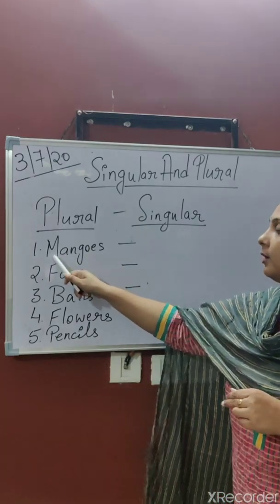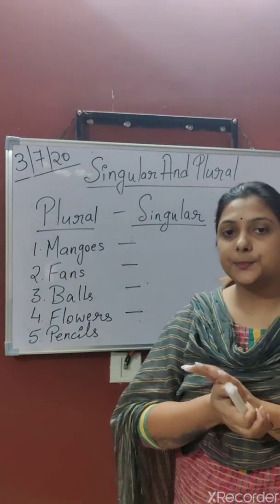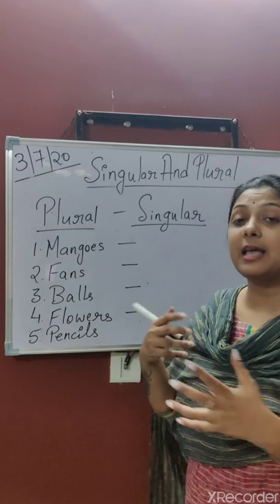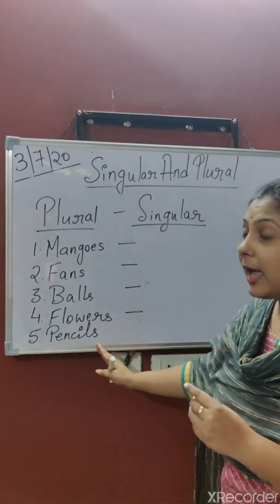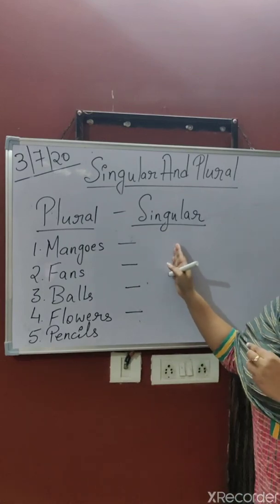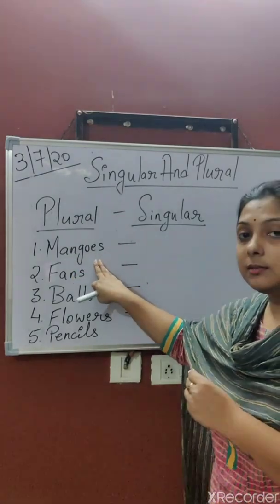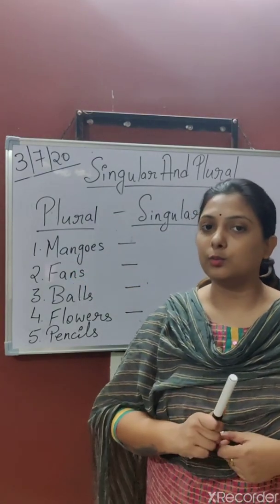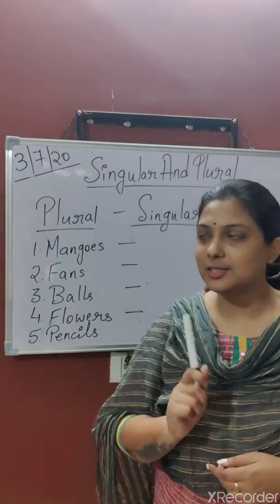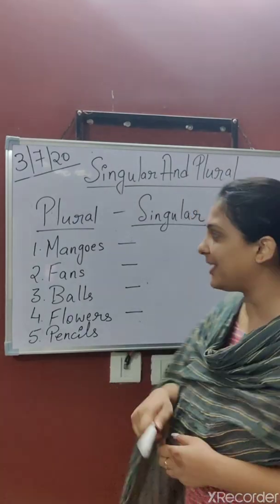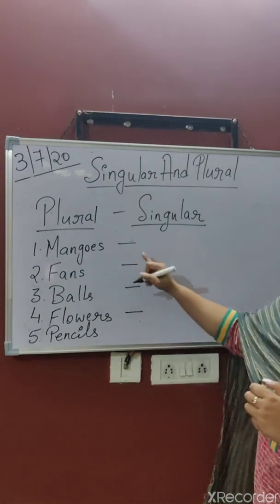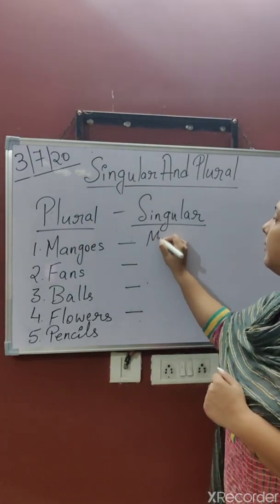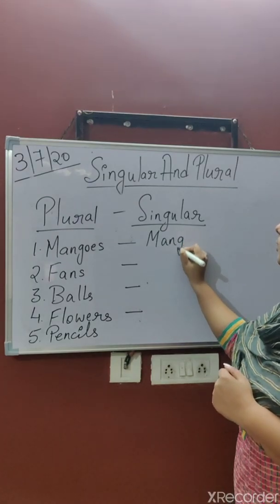So if I give you these words, can you tell me the singular form of these plural words? You can, right? I know, because you all are very smart, yes, and intelligent, yes. So now mango, the singular word is mango.